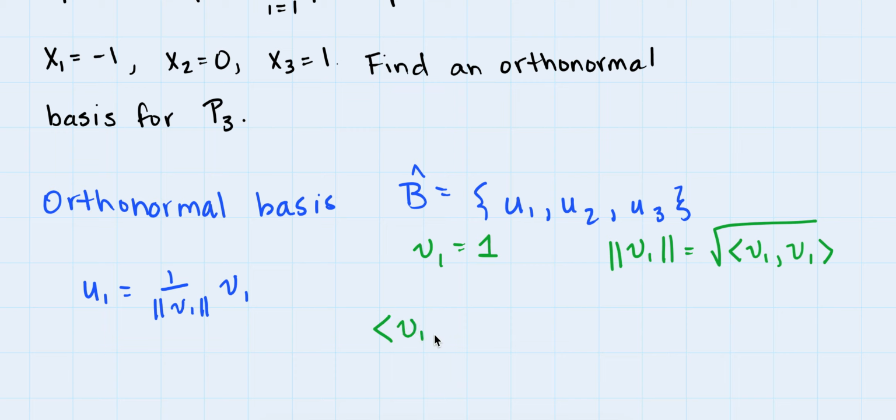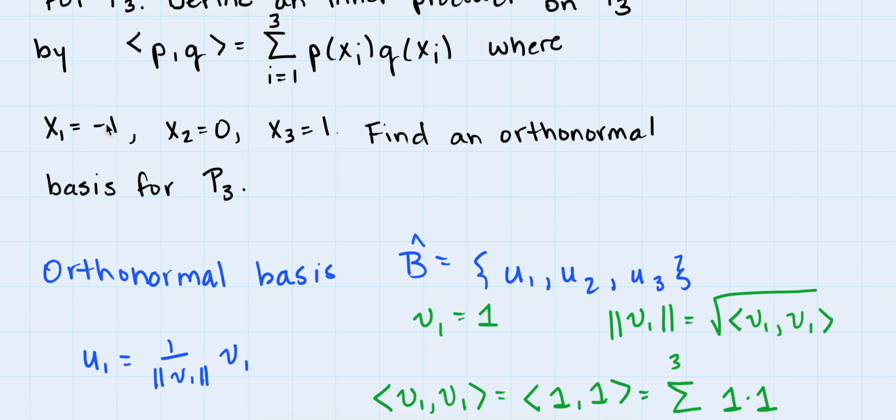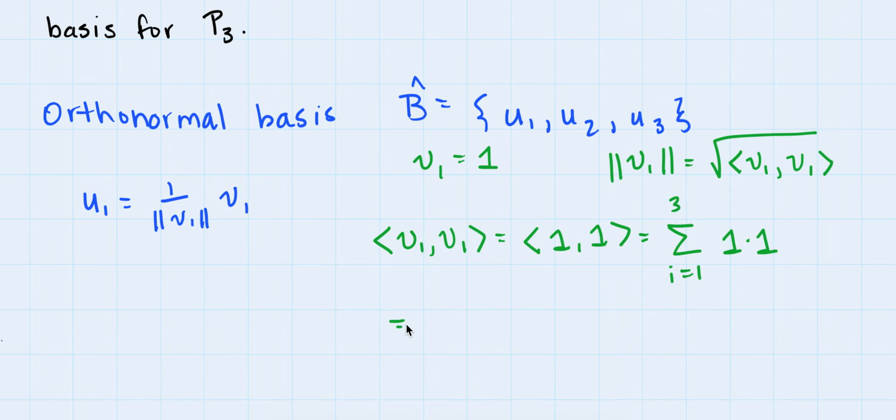So the inner product of v1 with itself is the sum from i is 1 to 3 of 1 times 1, because I'm going to plug in -1 into 1 and -1 into 1 because this is the same polynomial, and I'm going to get 1 times 1. Then when I plug in 0, I'm going to get 1 times 1, and if I plug in 1, I get 1 times 1. So this is equal to 1 plus 1 plus 1, which is 3. You see we have this sum going from 1 to 3.